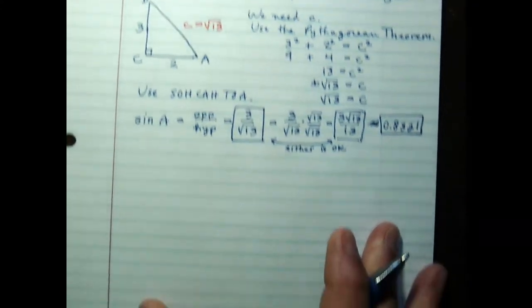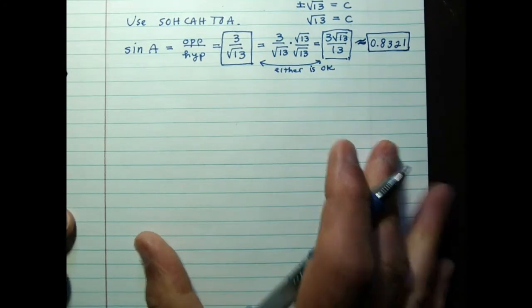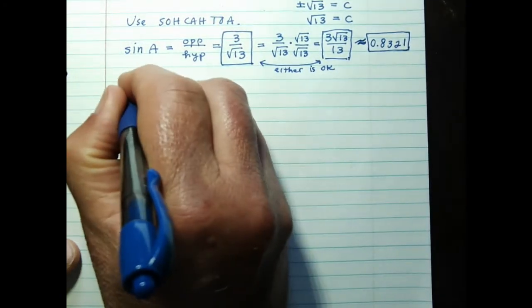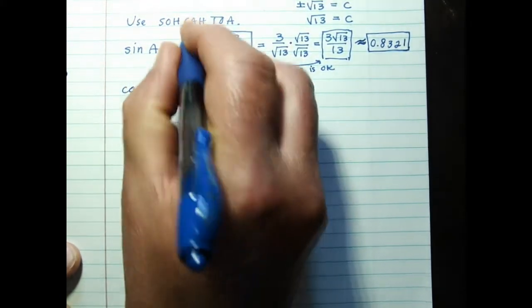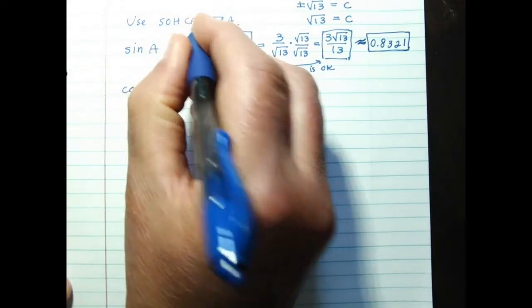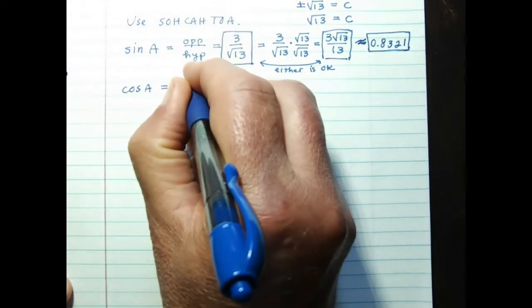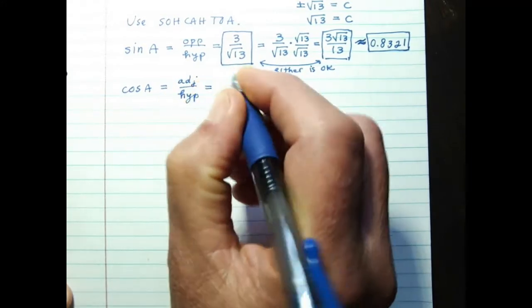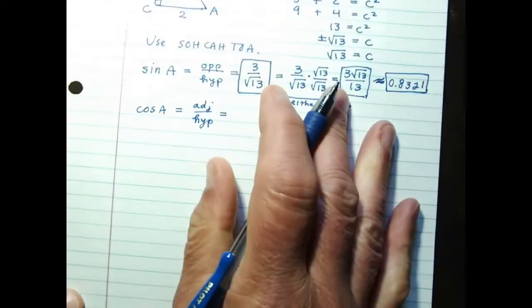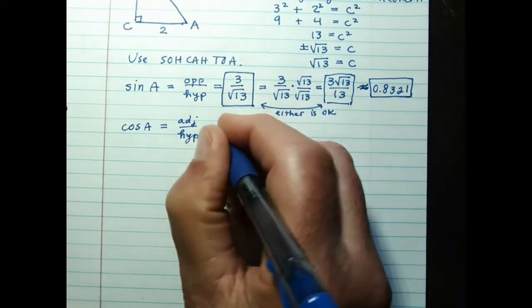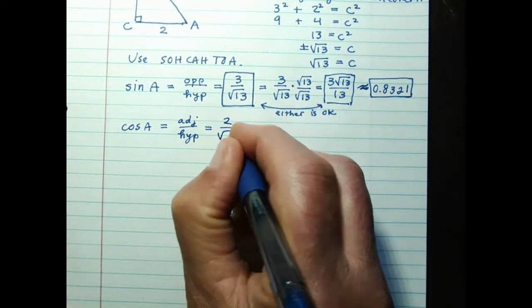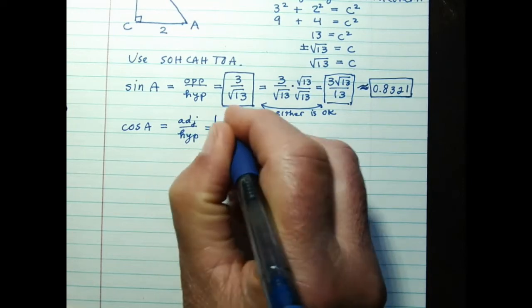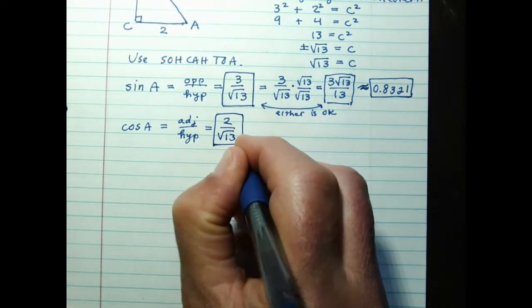So there's sine of A, cosine of A. So CAH, the middle of SOHCAHTOA, is adjacent over hypotenuse. Adjacent to A is the side of 2. Hypotenuse is still square root of 13. 2 over square root of 13 is what we get.